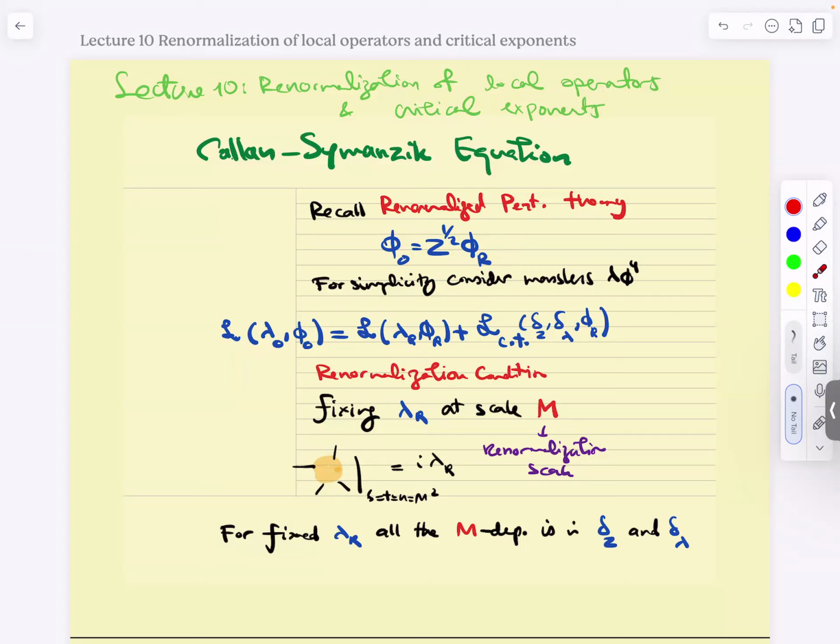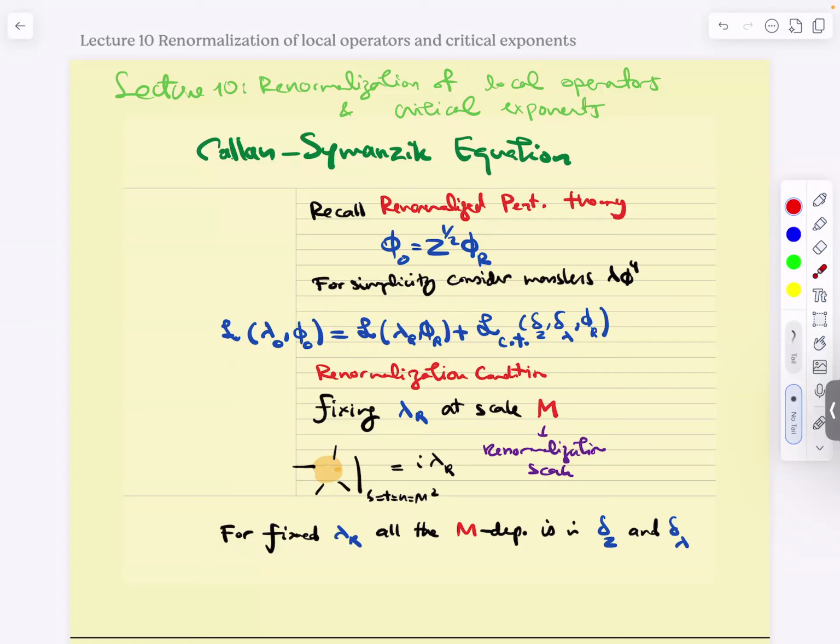So L is the Lagrangian of the bare fields and bare couplings. We write it as a Lagrangian density of the renormalized couplings and renormalized fields, plus the rest that we call counter terms.